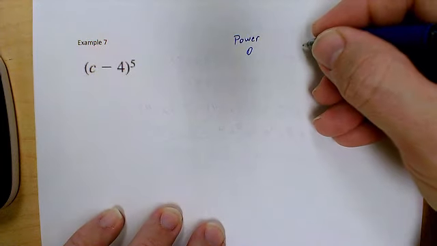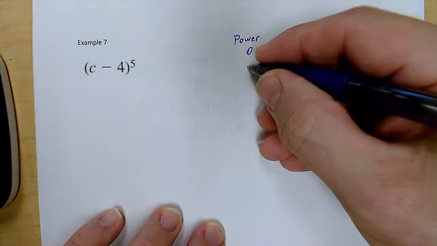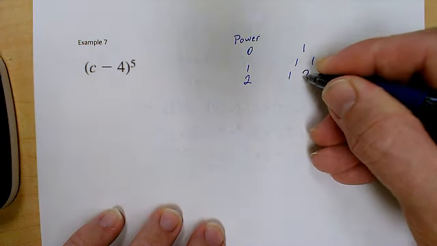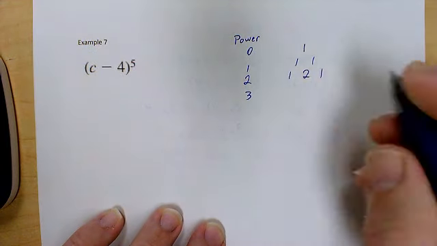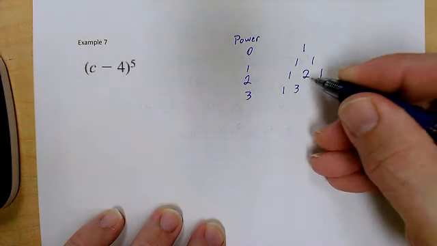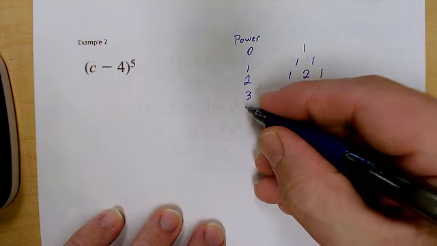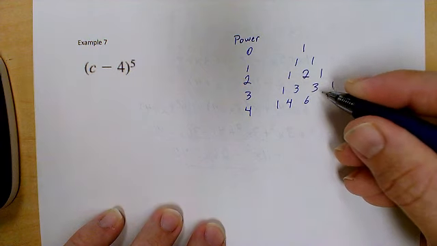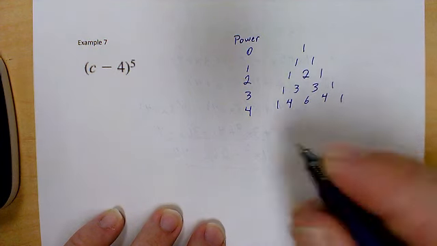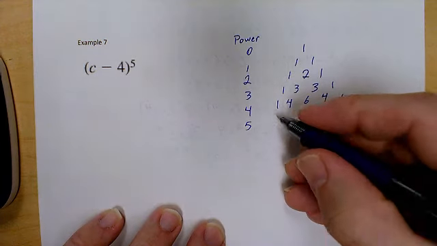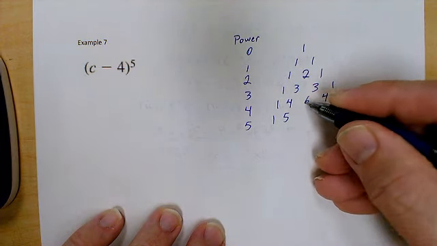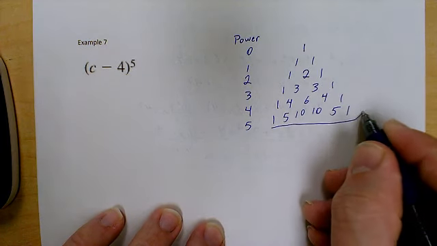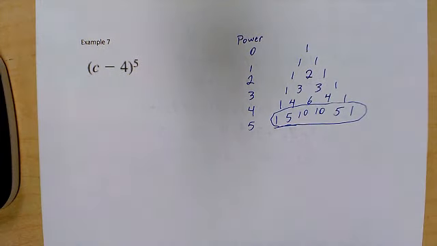If you have a power of 0, it's 1, power of 1, it's 1 and 1, power of 2, 1 plus 1 is 2, 1, power of 3, 1 plus 2 is 3, 2 plus 1 is 3, 1, power of 4, 1 plus 3 is 4, 3 plus 3 is 6, 3 plus 1 is 4, 1, and here we go, power of 5, 1 plus 4 is 5, 4 plus 6 is 10, 10, 5, 1. This right here is what I'm going to use for Pascal's triangle.